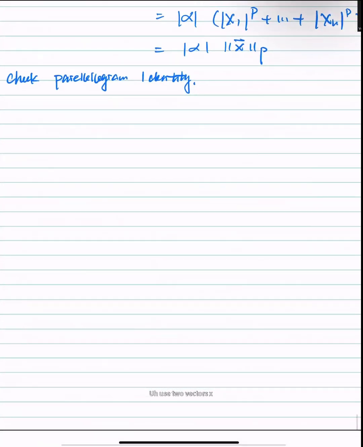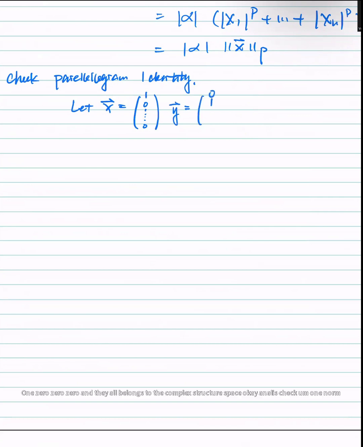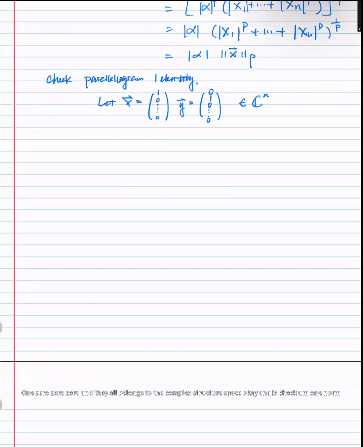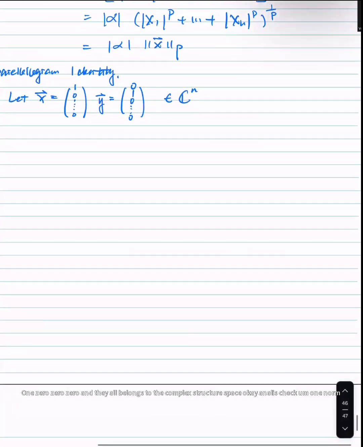Okay, so let's use two vectors, x equals (1, 0, 0, 0) and y equals (0, 1, 0, 0, 0), and they all belong to the complex vector space. Now let's check the one norm.